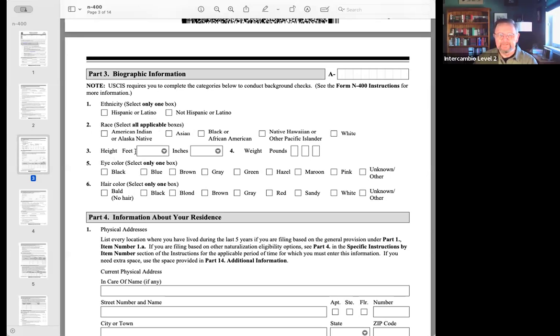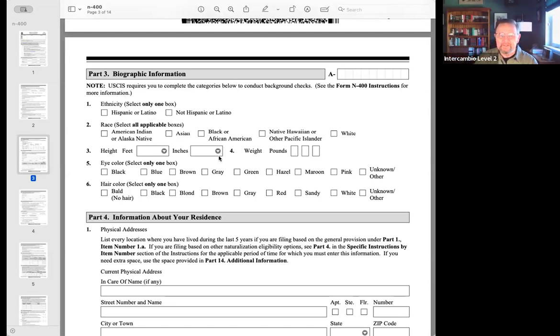Your height, feet and inches, your weight in pounds, and be aware people's weights change. So if you put down that you're 200 pounds and you go on a diet and at the time of your interview you're down to 150, congratulations, but it's not going to make a problem.